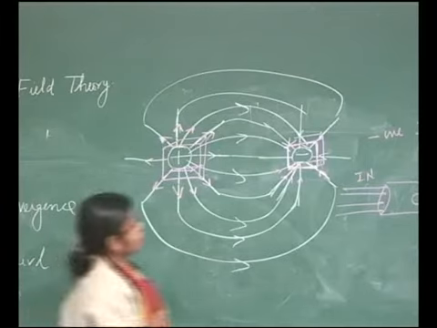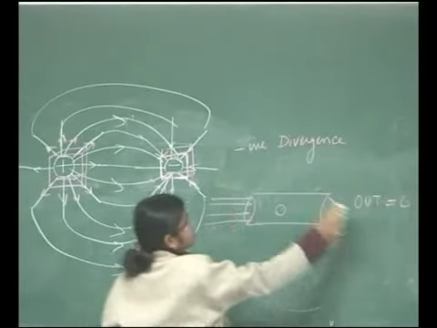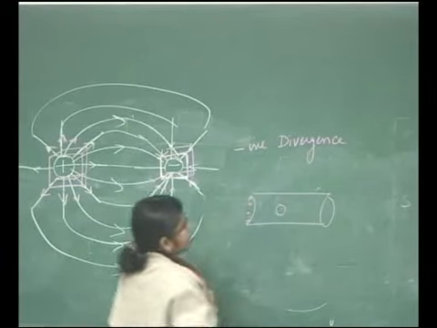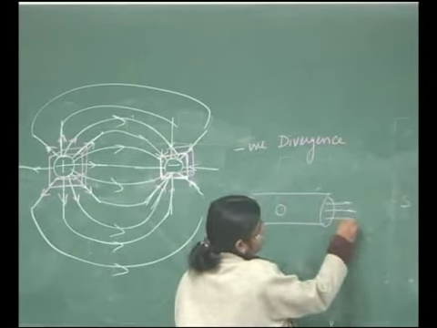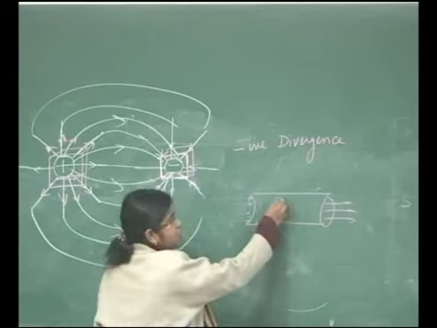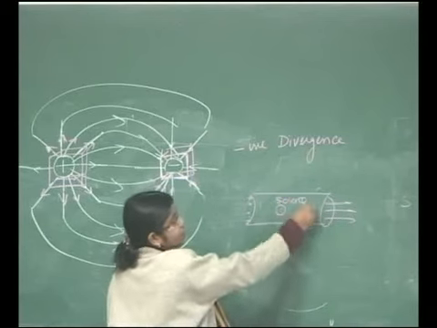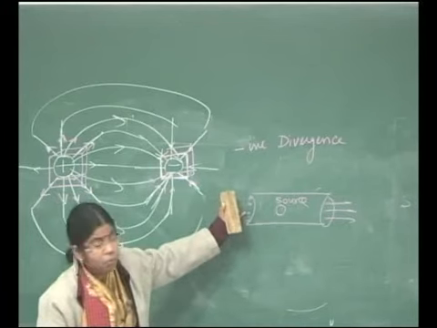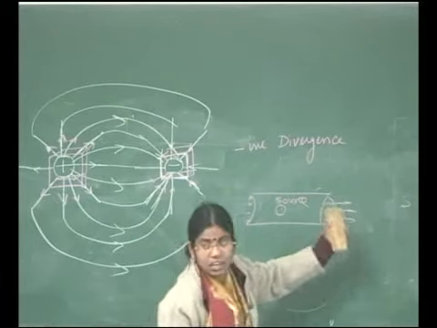Here the case is reversed: nothing is going in, but water is continuously coming out. So there should be a source somewhere inside the pipe. You are not giving anything from the open end, but a lot of water is flowing out.